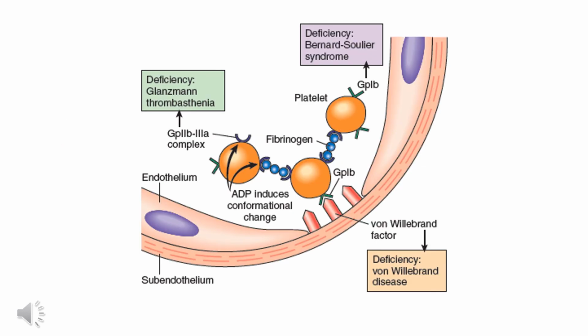In this diagram, you can observe the binding of the GP1B receptor with von Willebrand factor on the subendothelium surface. The GP1B receptor present on the surface of the platelet binds with von Willebrand factor and causes primary hemostasis plug formation.